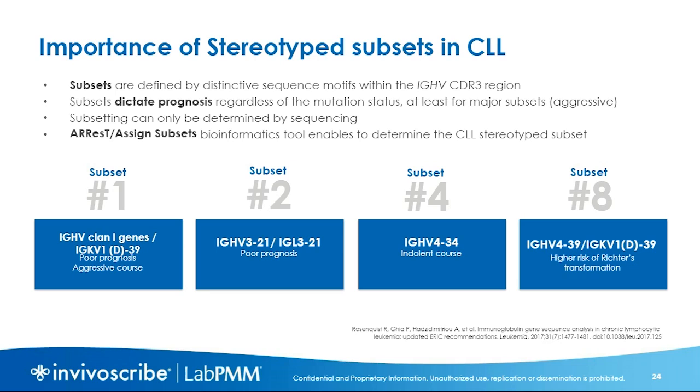It is now well established that patients with IGHV3-21 have an inferior outcome, which is similar to unmutated patients and or patients with a P53 aberration. Other examples are number 1, which I believe I had last week, which also is an aggressive course with a poor prognosis, and number 8, which is associated with a higher risk for Richter's transformation.